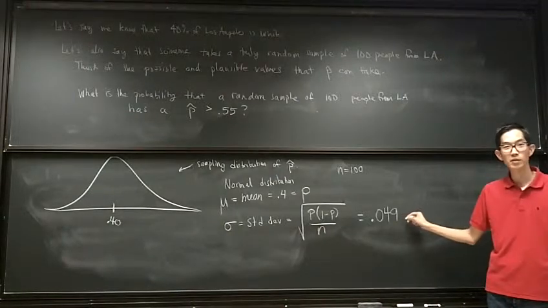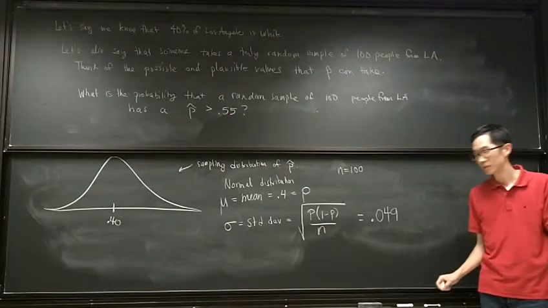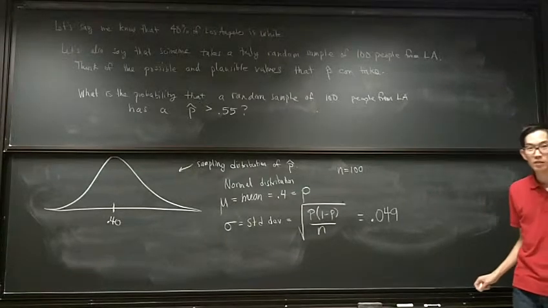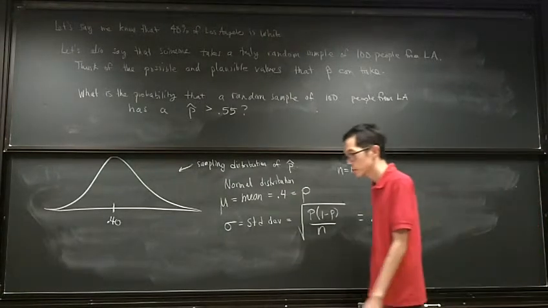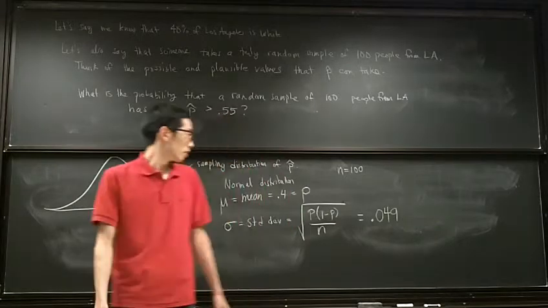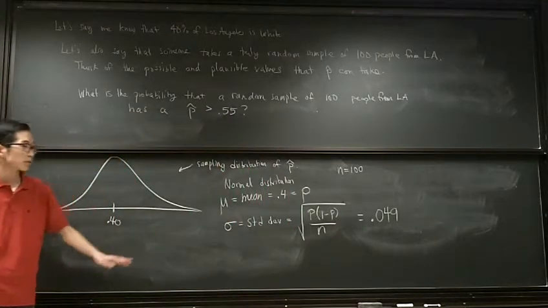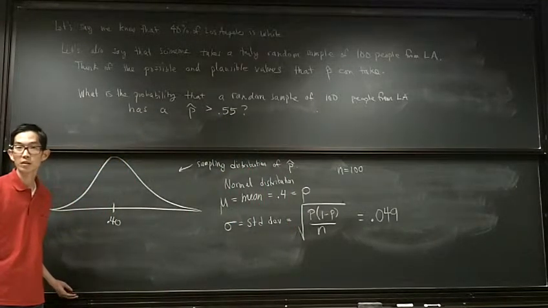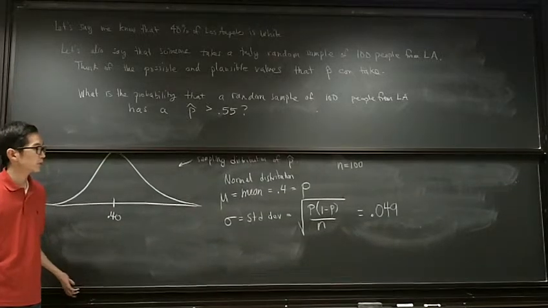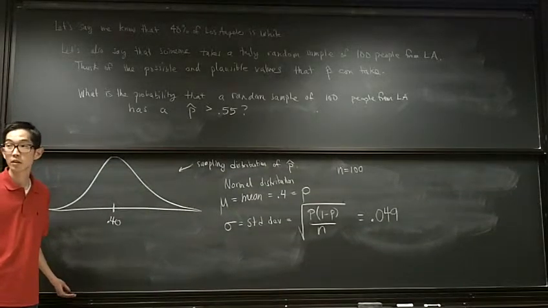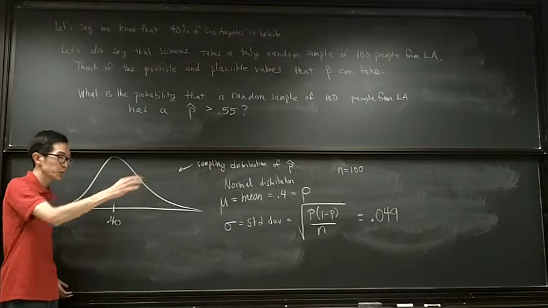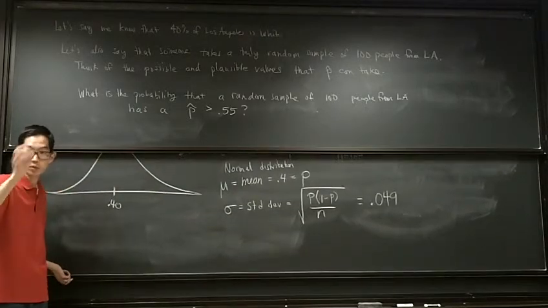Is that what we got? Yeah, you just rounded it. 0.049. That's the square root of 0.4 times 0.6 divided by 100.